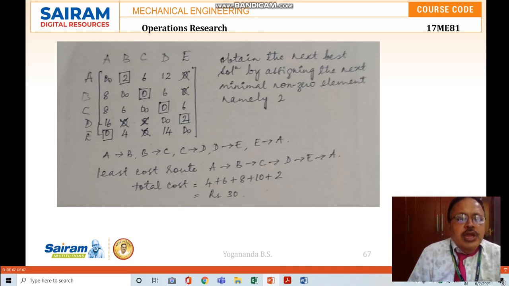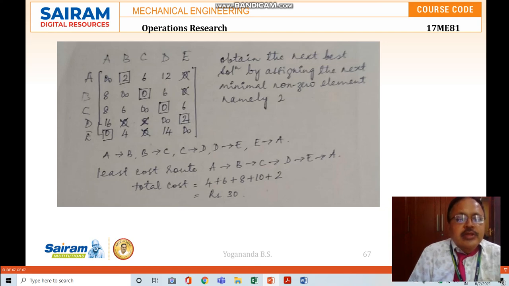Now the new allocation is A to B, then B to C, then C to D, then D to E, and then E to A from this table. So A to B, B to C, C to D, D to E, E to A. The least cost route is starting from A, returning to A, and in between he goes in the same sequence B, C, D, E. Now the total cost will be found out.